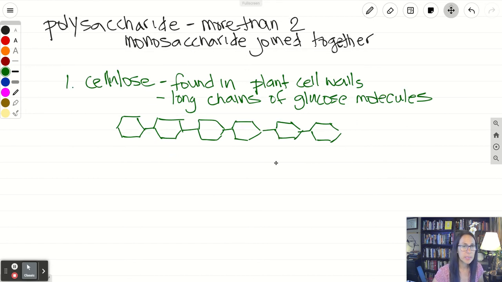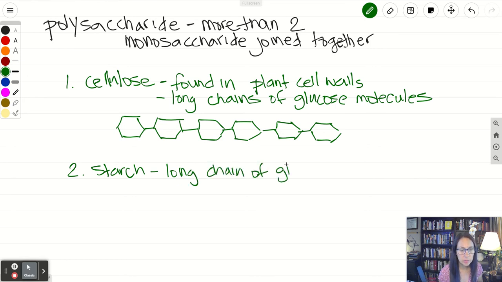The second one I want to introduce you to is called starch. I'm going to introduce 3 of these to you. So starch is also a long chain of glucose molecules. And what starch is, it's stored energy for plants.